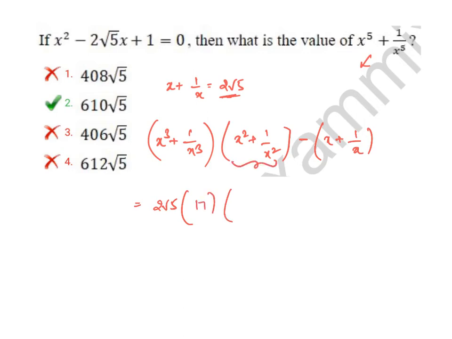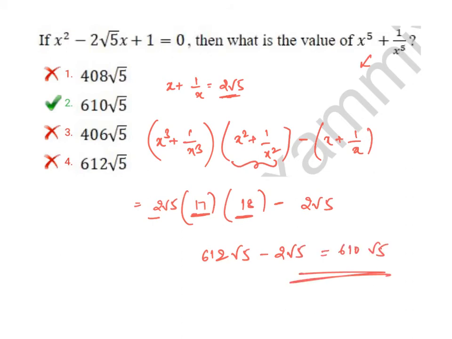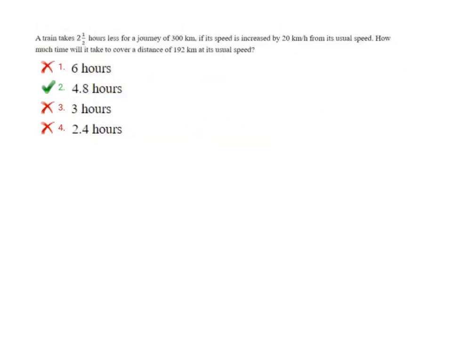Then again you have a square minus 2, 20 minus 2, 18, and minus 2 root 5. 2 into 17, 34. 34 into 18 is 612. Root 5 minus 2 root 5, which is 610 root 5. It's easy, but that root 5 is confusing, so be careful with that root 5. Everything else you can manage.